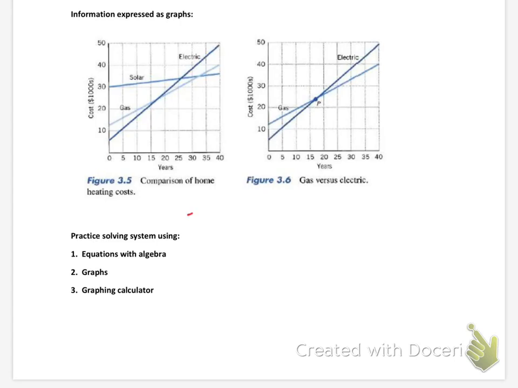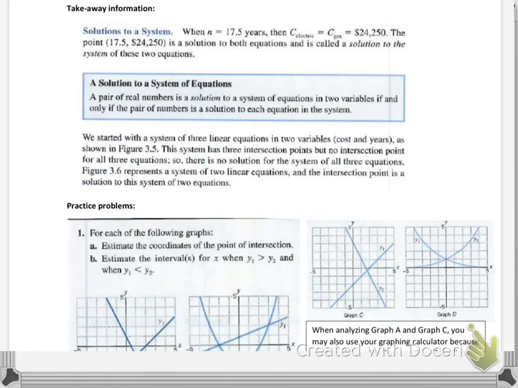And in this little slide, I'm just going to point out that we're going to practice solving systems of equations, these would be linear equations, using algebra, using graphs, and then also using our graphing calculator. So that is what's coming. Okay, on this slide, I'm really going to focus on the solution to a system of equations.